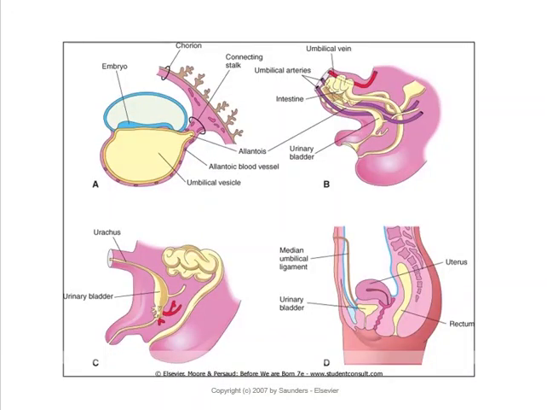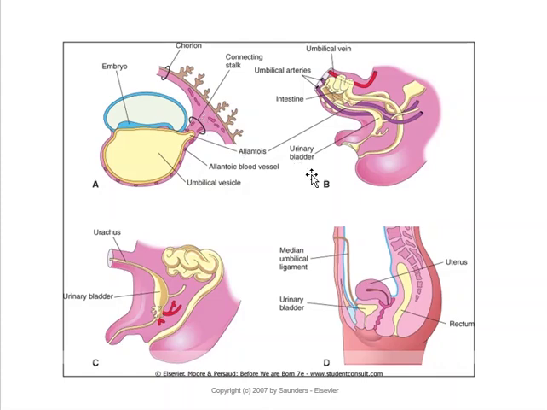Here we have the embryo or embryonic disc. Here we have the yolk sac or umbilical vesicle. And here we have the amniotic cavity, and this is the chorion with villi and the connecting stalk right there. And here you can see the formation of blood and blood vessels.